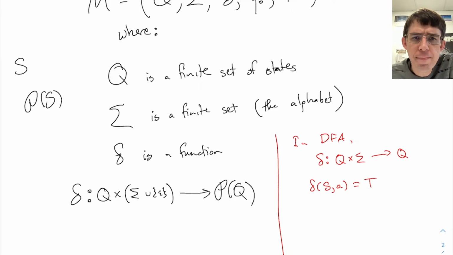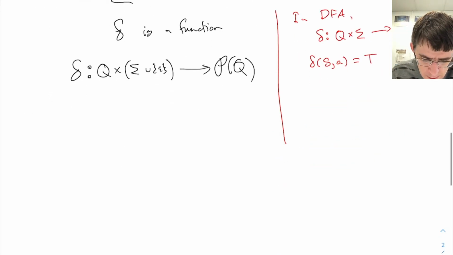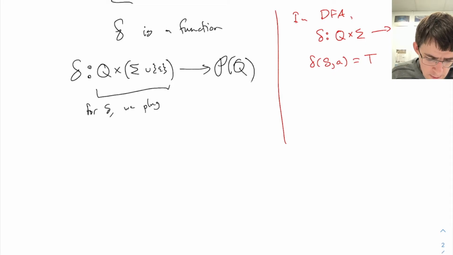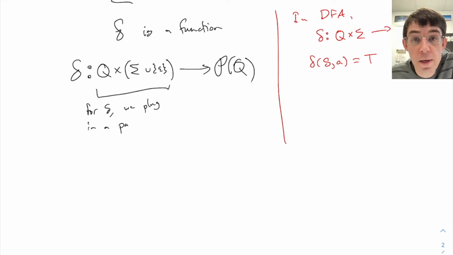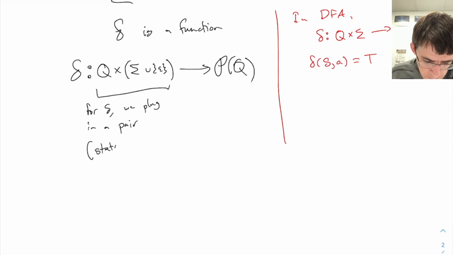All right. This is kind of complicated looking, and I'm just going to try and explain each part here. For delta, we plug in a pair. This is what the domain represents here. We plug in a pair of a state, comma, a letter or epsilon, right?